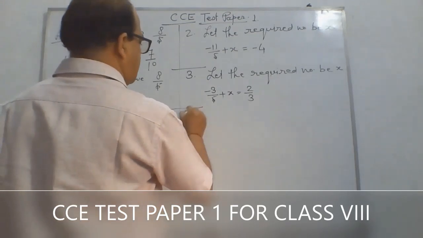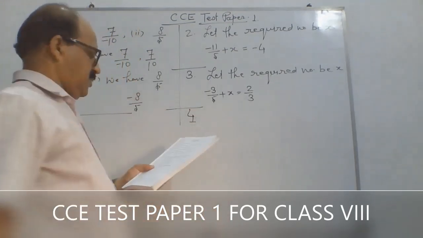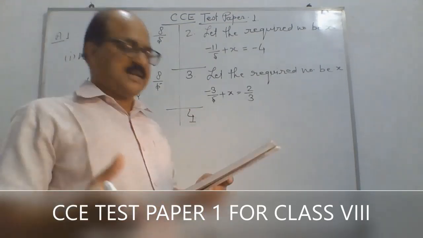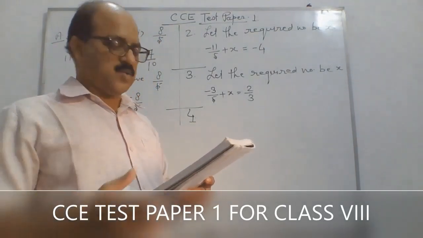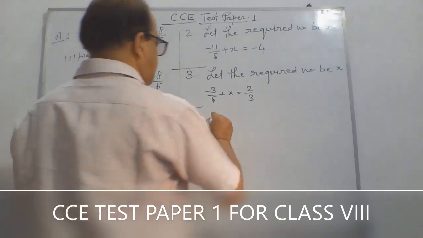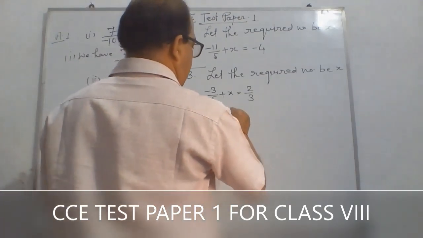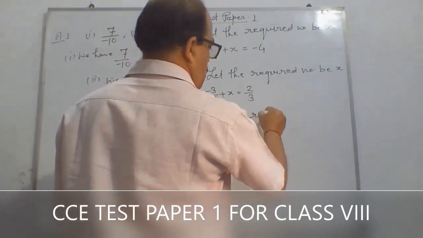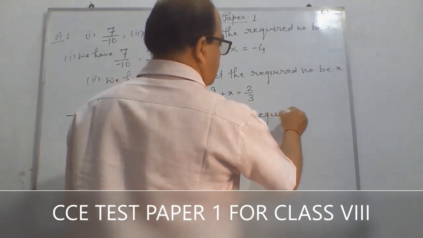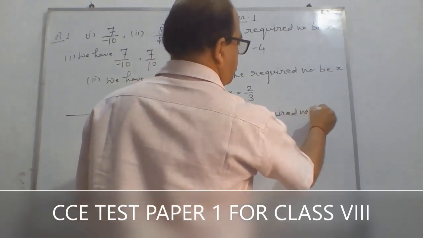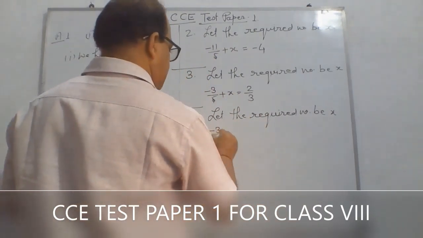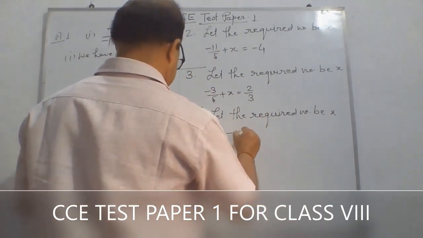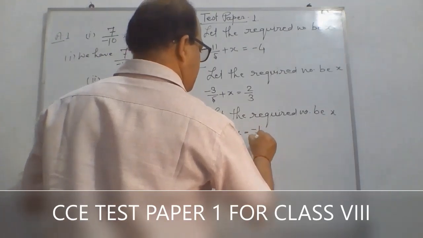In question number 4, what number should be subtracted from minus 3 by 4 to get minus 1 by 2? The same. Let the required number be x. So what number should be subtracted? Minus 3 by 4 minus x is equal to minus 1 by 2.